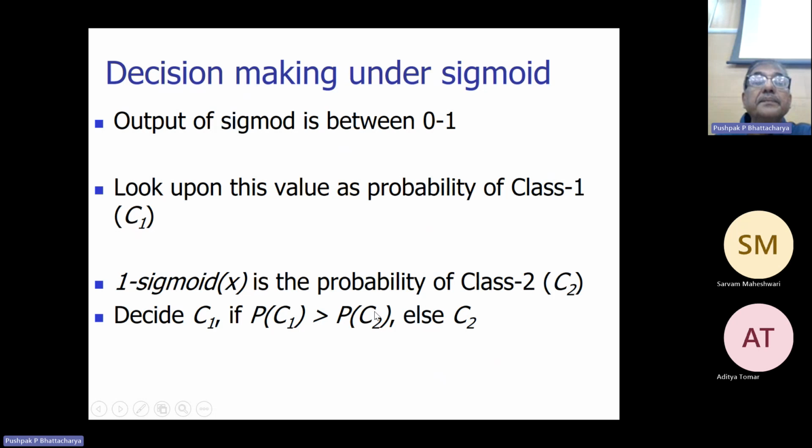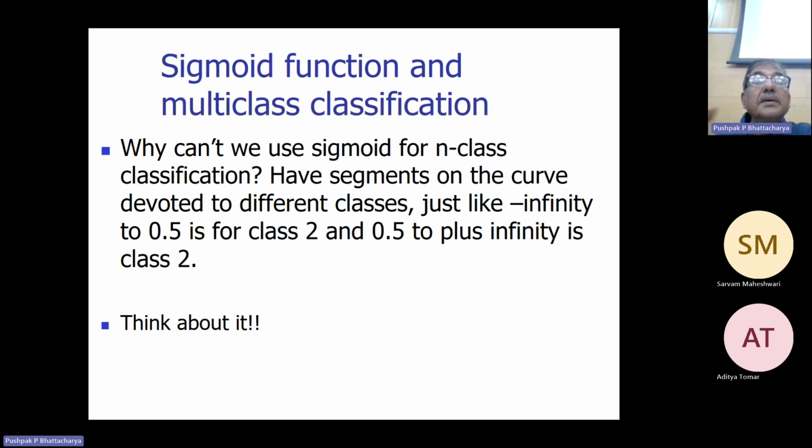Right. So now the sigmoid function is used for the two-class classification problem. Why can't we use sigmoid for n-class classification? Here is a thinking exercise for you. On the curve for sigmoid, we can mark regions.